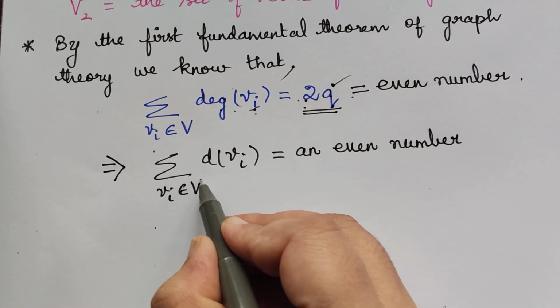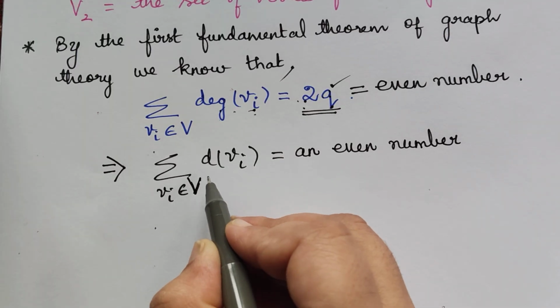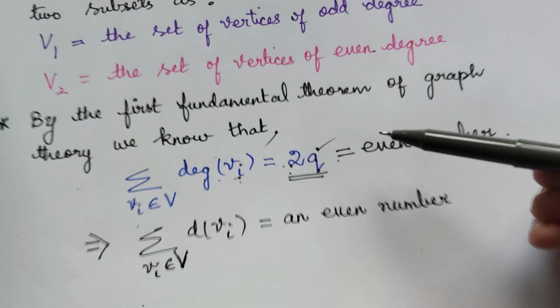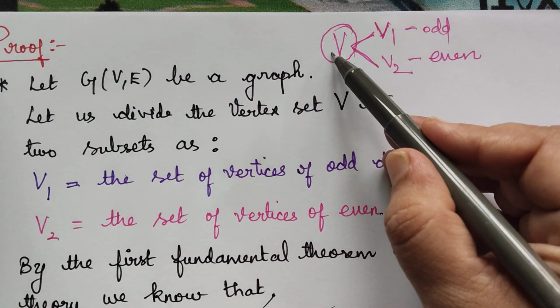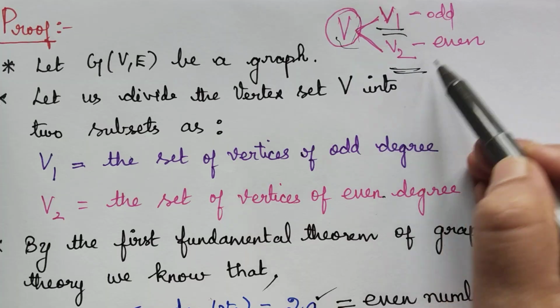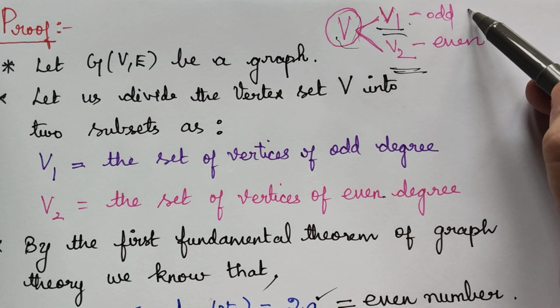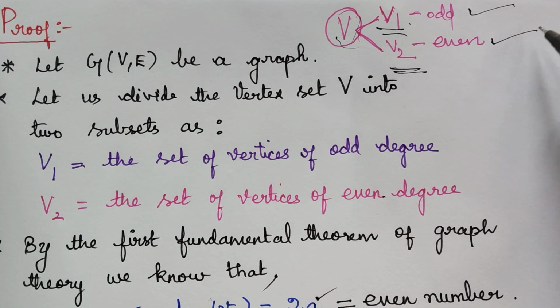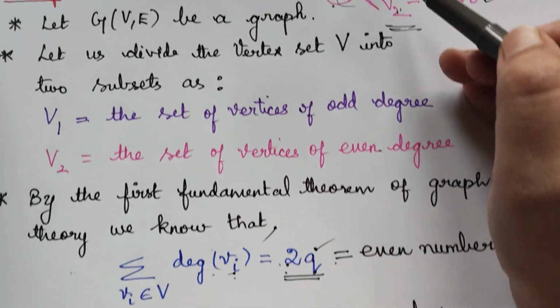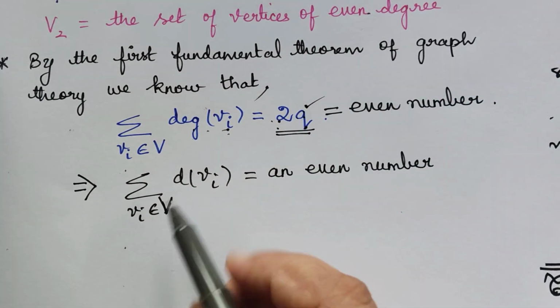Now this is the whole set capital V. But in proving this corollary, what did we do? We have split up this set V as V1 and V2, that is, all those vertices with odd degree and all those vertices with even degree. So the summation can also be split up now.